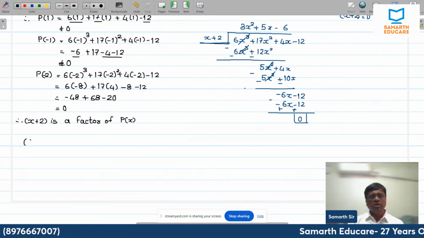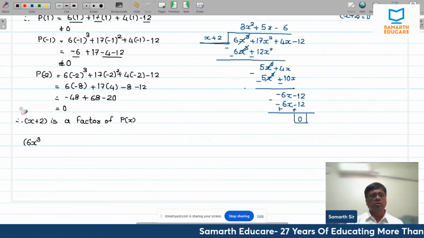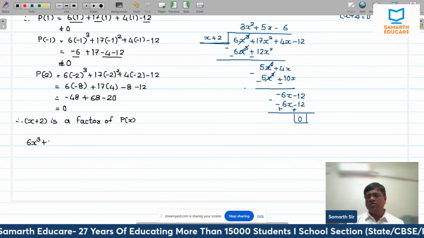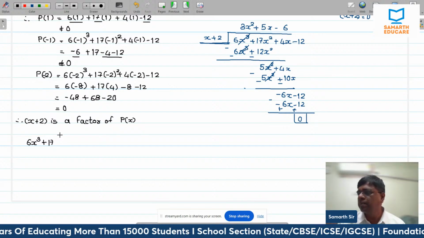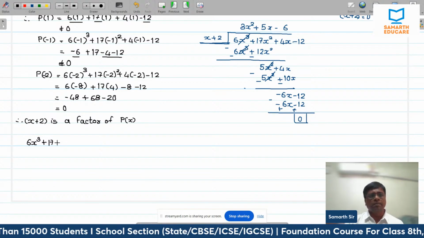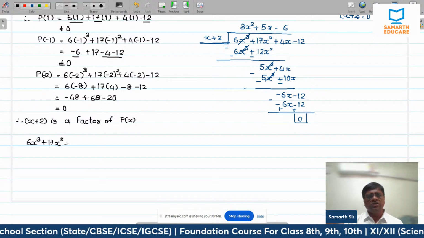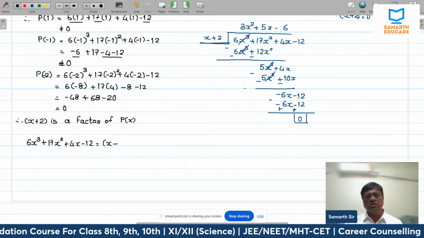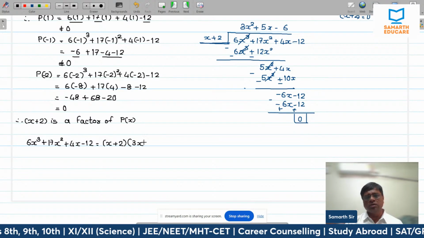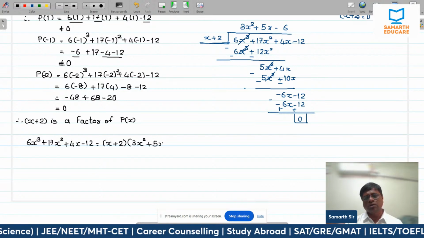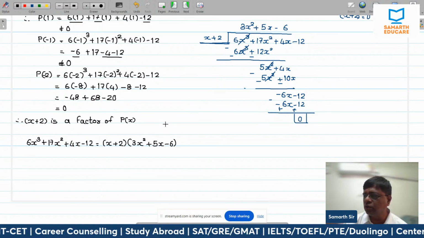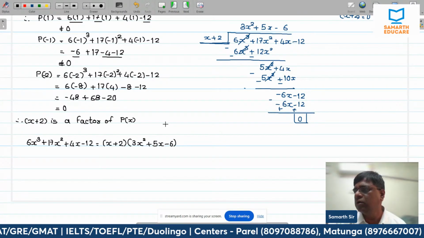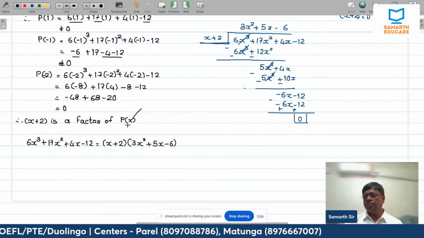According to the theorem, 6x³ plus 17x² plus 4x minus 12 will be equal to divisor into quotient plus remainder. The remainder is 0, so there is no need to write it. OK, now, all right, now.